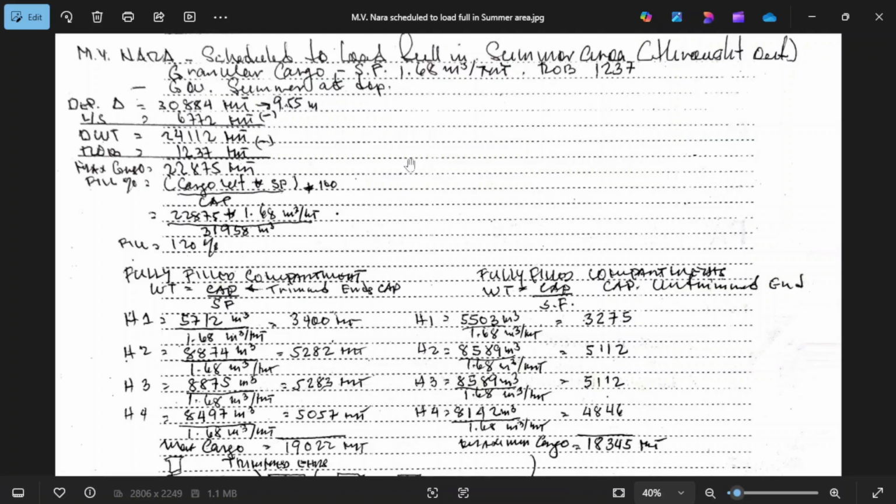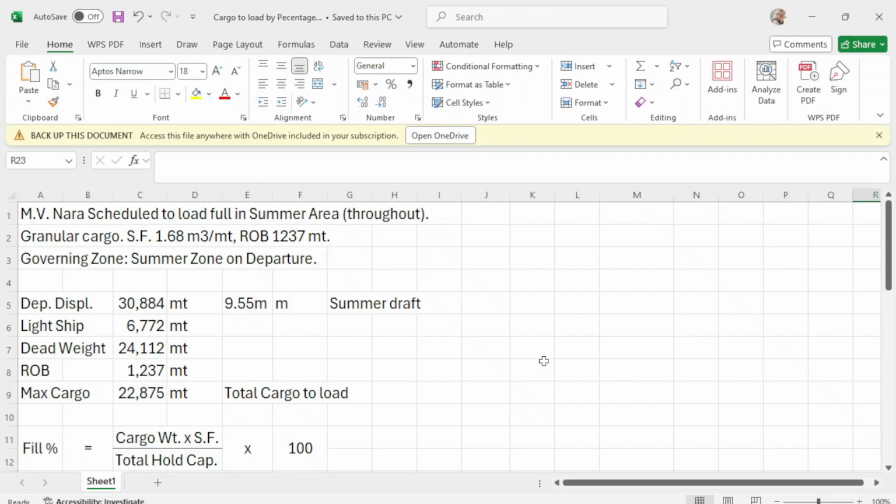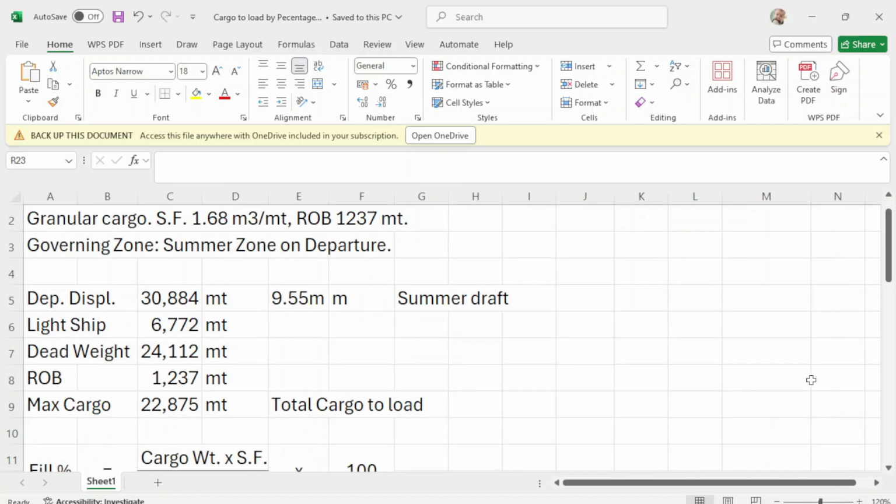And guys, to make it clear, I made this into Excel so it would be clearer.